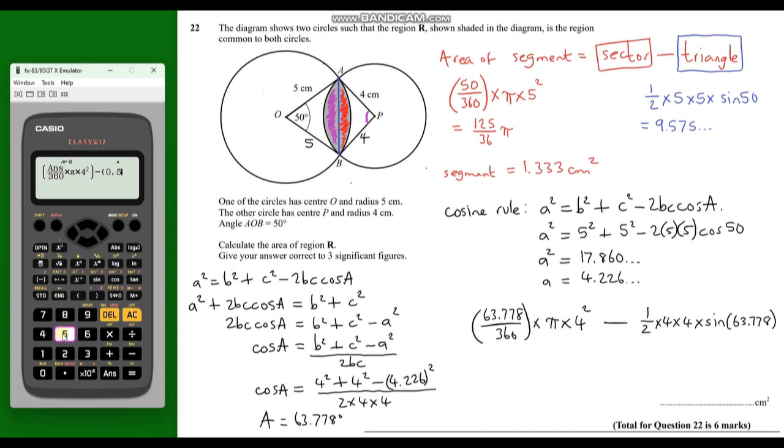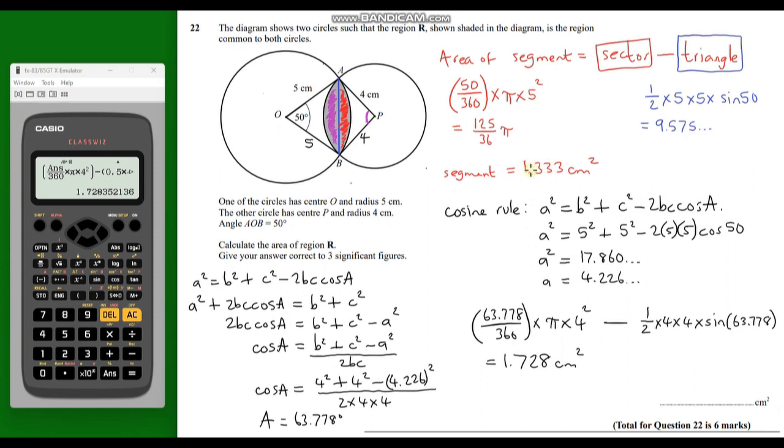So 0.5 times 4 times 4 times the sine of answer, because that's still stored as the 63 degrees, and then close brackets. I think I've done everything correctly, and it looks like we get an answer of 1.728 centimeters squared.